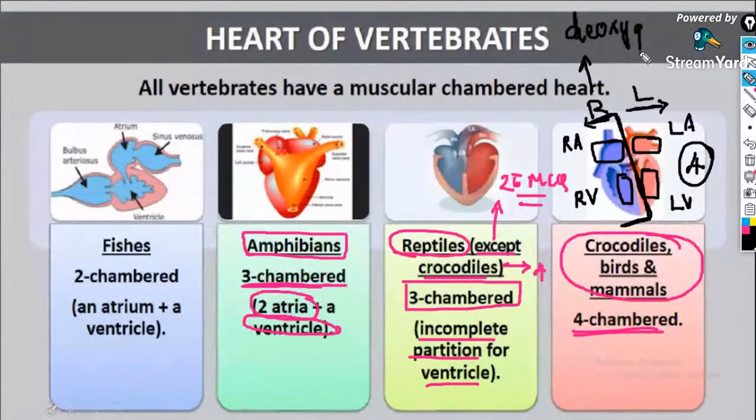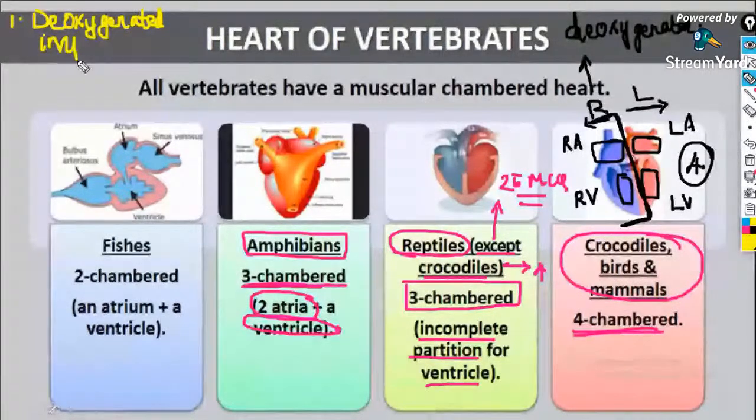What do you mean by deoxygenated blood? Guys, you have to study this. Anybody on the chat box? Deoxygenated blood is also what you can call impure blood. In the question, you can get all these terms.